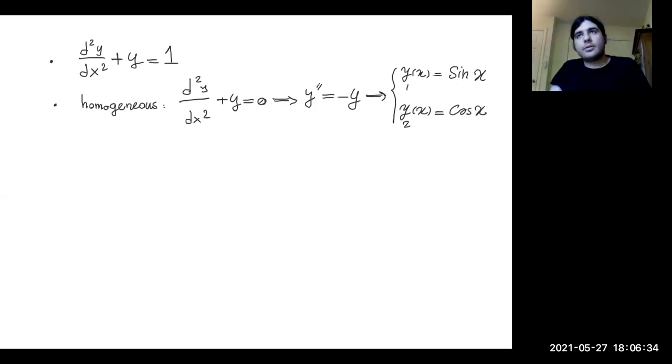Because it is a second order linear differential equation, we would expect to have two independent solutions. And here we have them: two linearly independent solutions, sine and cosine. So the general solution to the homogeneous part would be a linear combination of sine and cosine.